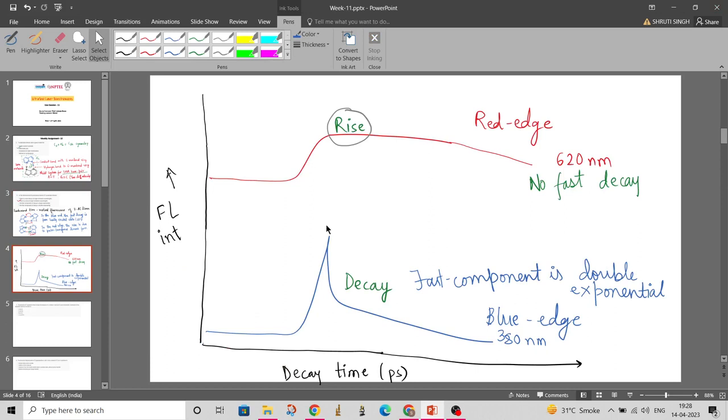So in between, at around 400, we see a rise and a decay. Draw it with this color. So this is at around 450 nanometer. It has a rise and decay.